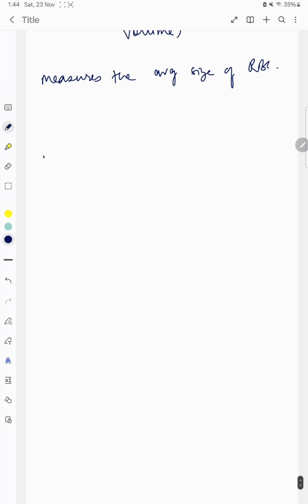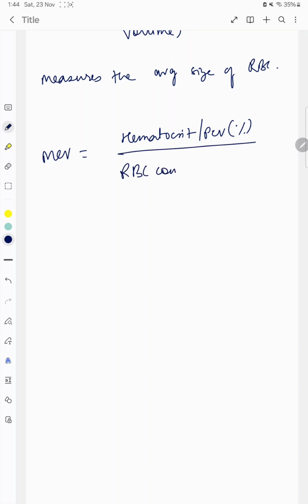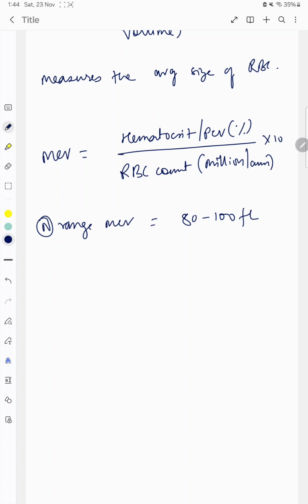MCV is equal to hematocrit or PCV in percentage divided by RBC count in million cells per cubic mm or microliter, into 10. The normal range for MCV is 80 to 100 femtoliter.